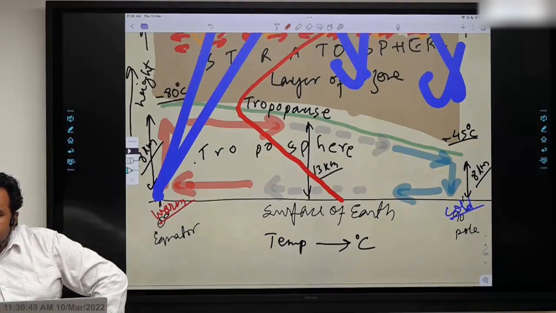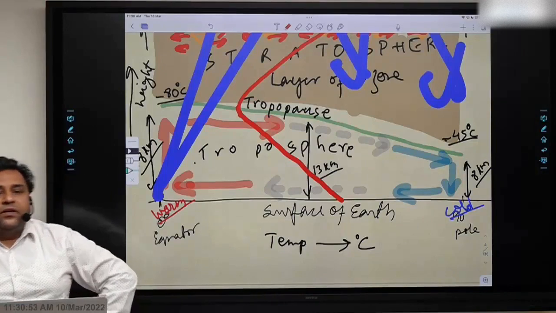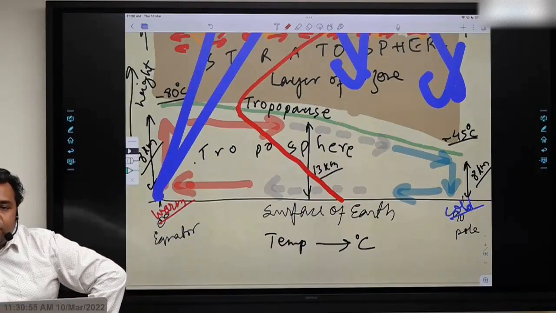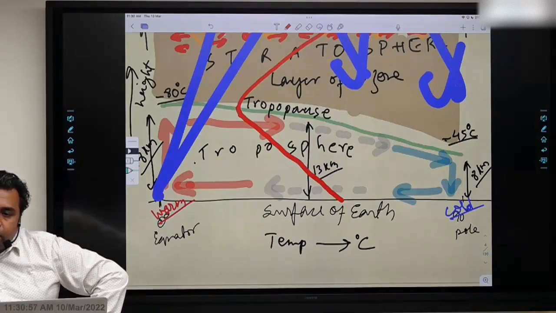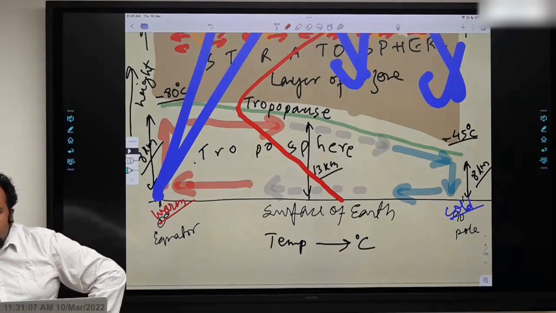In summer, it rises up to 15 kilometers, whereas in winters it lowers up to 12.5 kilometers.